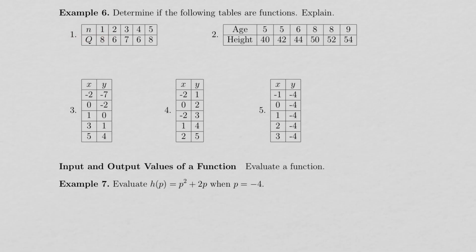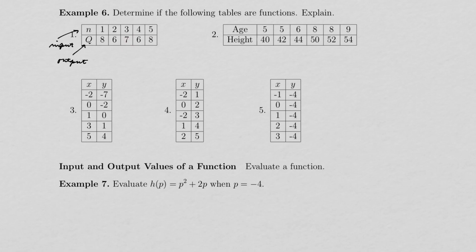Do the inputs repeat? In this case, the n is the input, the q is the output. Do the inputs repeat? No. 1, 2, 3, 4, 5, right? They're all distinct. So each input corresponds to exactly one output.